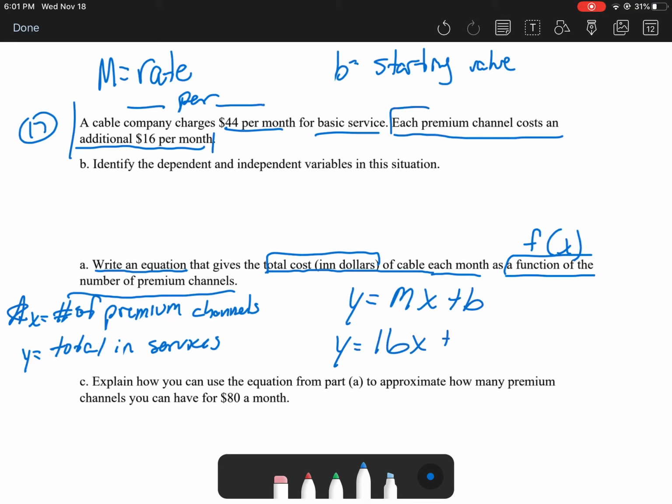So 16 is my slope. And then I'm adding on the monthly cost of $44 for all the basic services. So here I can just substitute in how many premium channels we have. And no matter what, I have to add on our basic services at the end.